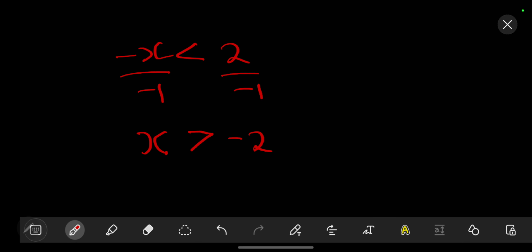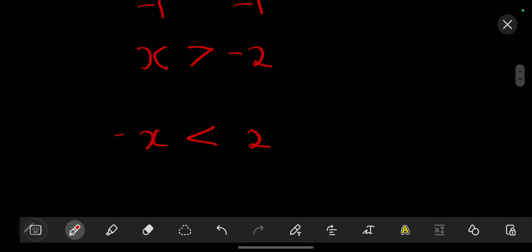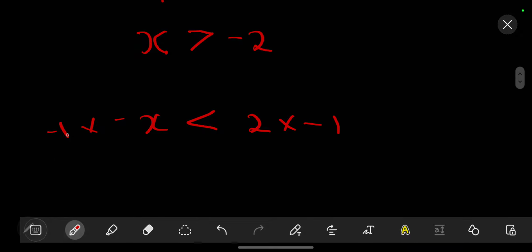The same approach is true if you have negative x is less than, let's say, 2. But this time, you multiply negative 1 on both sides. Whatever you do on one side, do it on the other. So negative 1 times negative x will be x. Then this sign will change, and it will be less than negative 2.